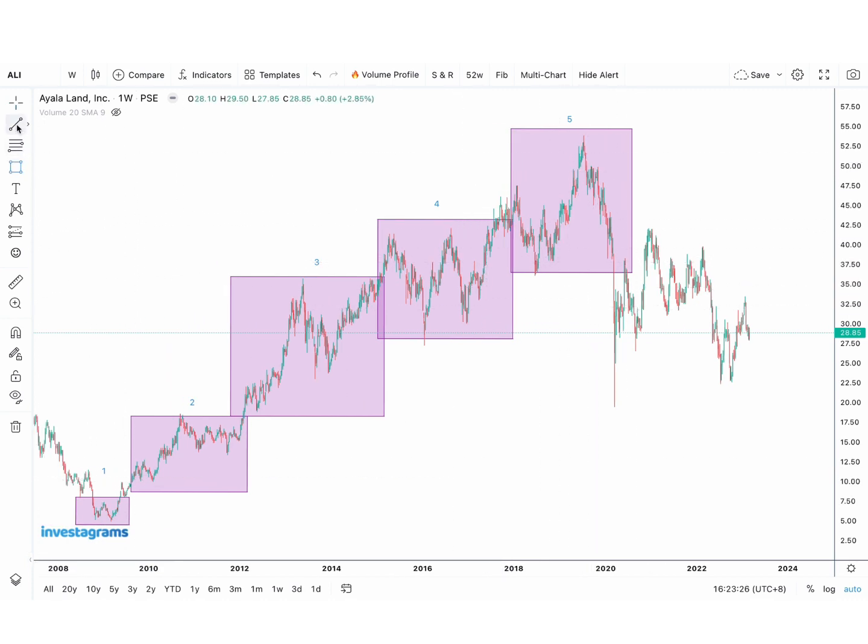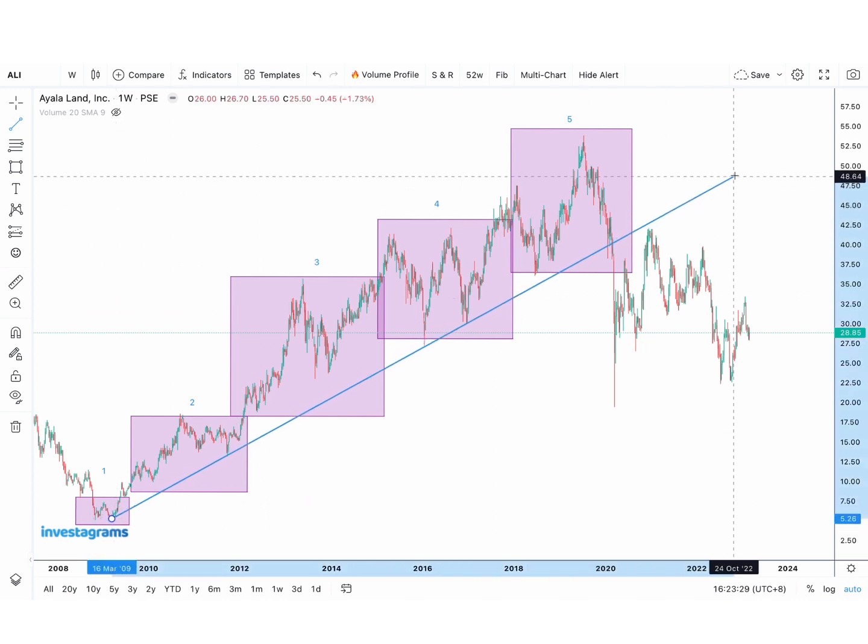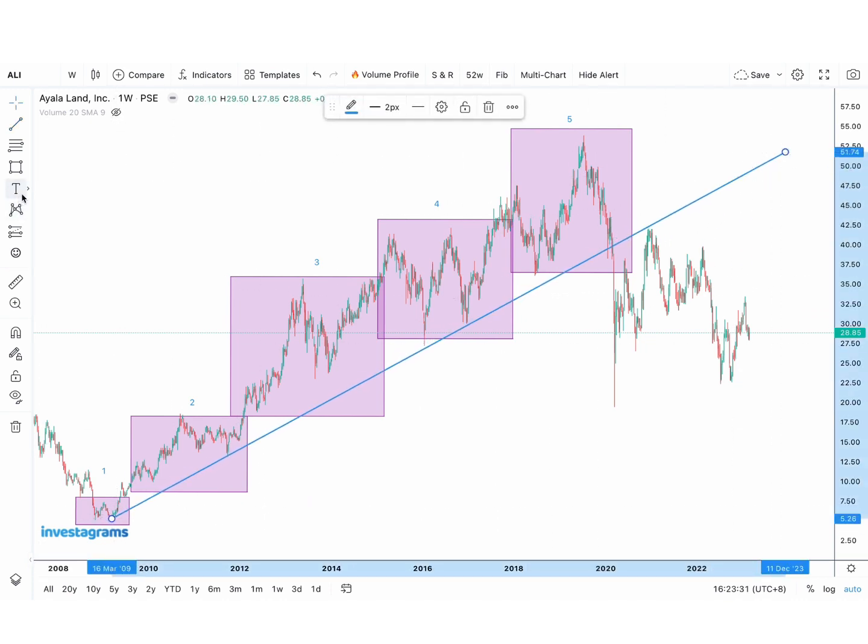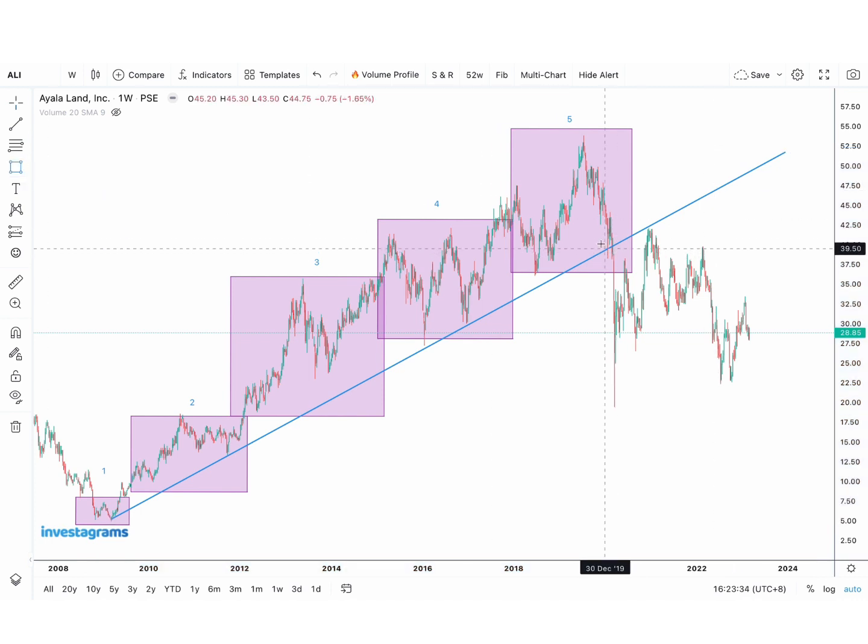So you can see how Ayala Land's price went up in 5 bases and currently it's already forming lower highs. So probably peaked out already.